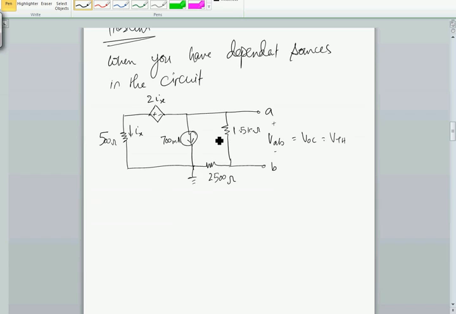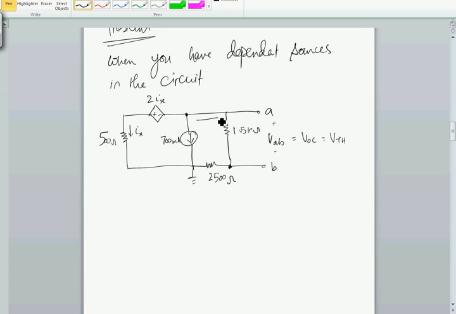So I'm just gonna go ahead and use nodal analysis, because with mesh analysis I will have 3 equations, and with nodal analysis I will have only 2 equations. So I'm gonna take this node and this node. IX is going away from the node, 700 milliampere is going away from the node.